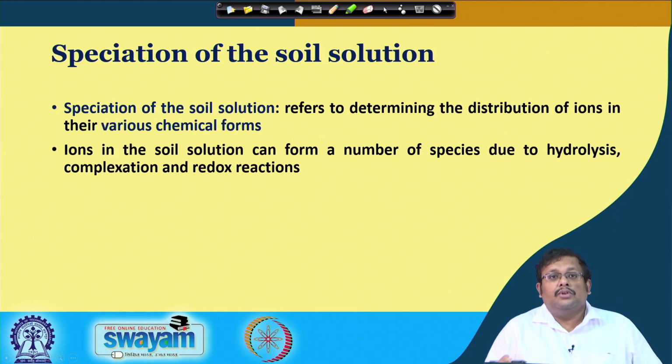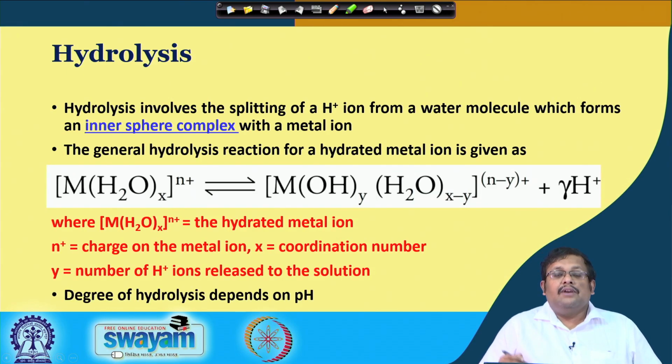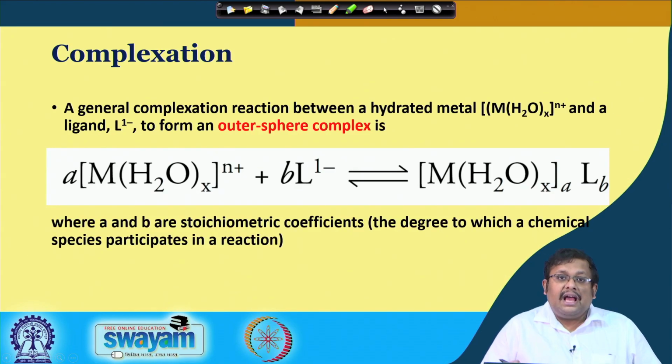Obviously, we have also talked about the speciation of the soil solution, which is very important. We talked about hydrolysis, how the hydrolysis process occurs, and the general complexation reaction between a hydrated metal and a ligand to form an outer sphere complex.